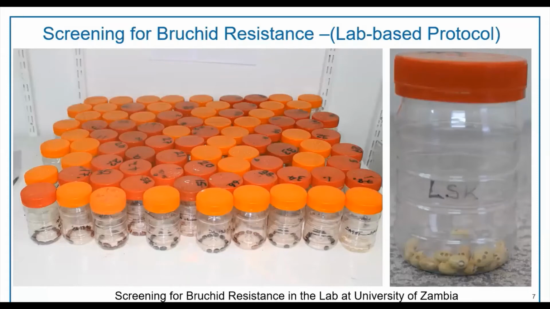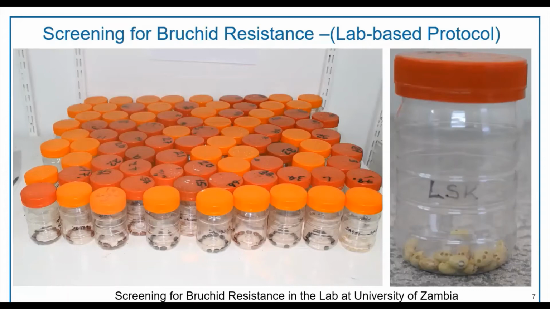What we do essentially is to get the seeds into these bottles, and then we introduce the weevils in there. And then after about 45 days, we measure the levels of resistance depending on the perforations that are there, and also using other metrics. We have adapted the protocol. It works now very well for our screening work here in Zambia.